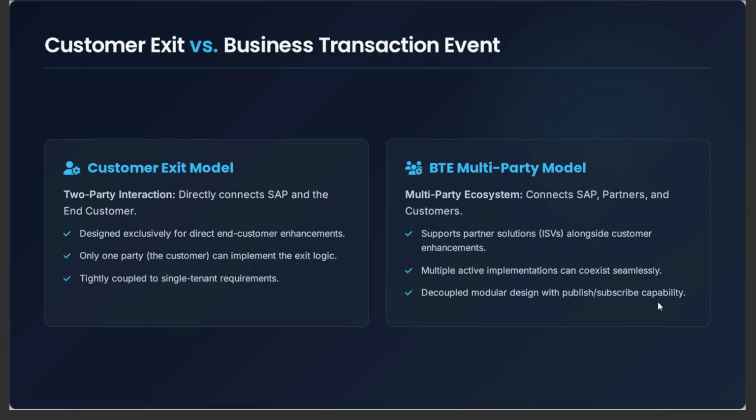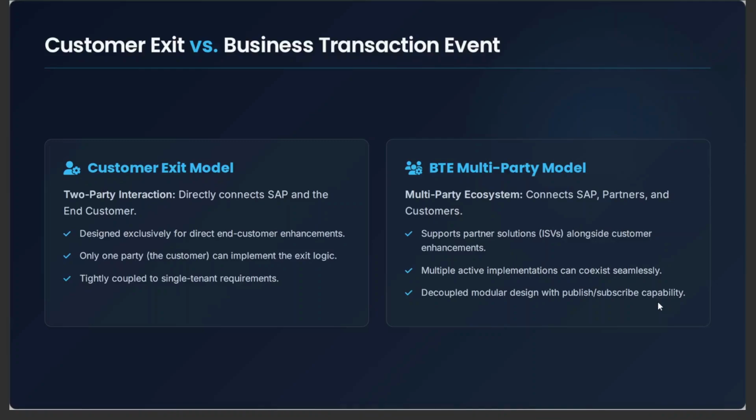Next, a very important thing is what is the difference between customer exit and business transaction events. In this part, we compare the traditional two-party customer exit module with the multi-party BTE ecosystem.